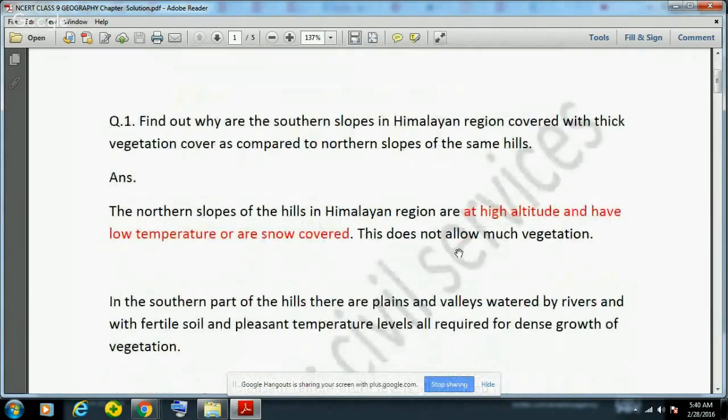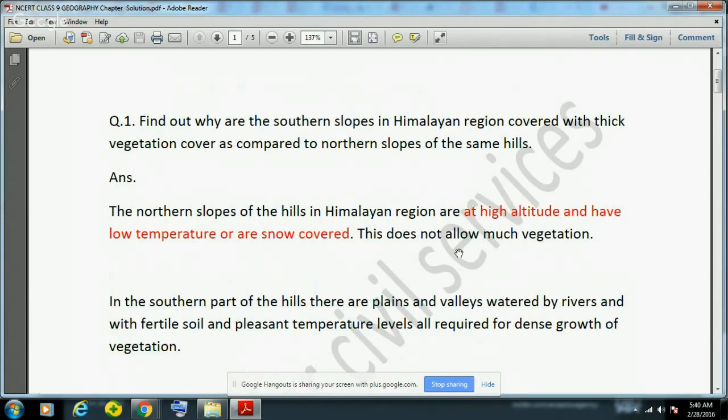So the first question was: why are southern slopes in the Himalaya region covered with thick vegetation as compared to the northern slopes of the same hills? The reason is that northern slopes are at higher altitude and have low temperature and are snow covered. Snow cover is a hindrance to natural vegetation, and that is why it does not allow much vegetation.